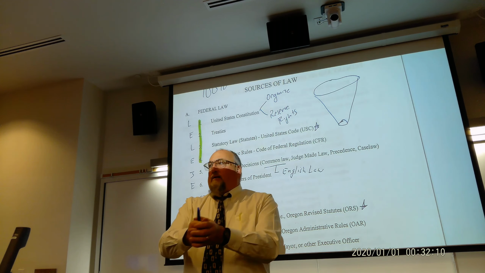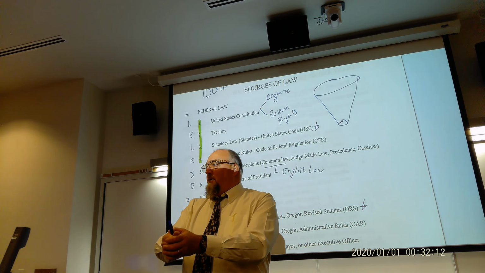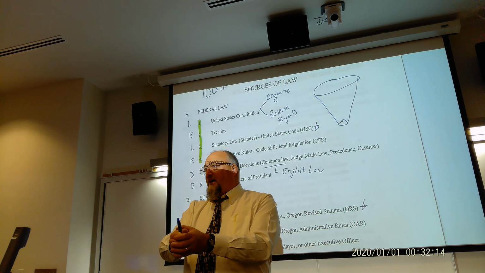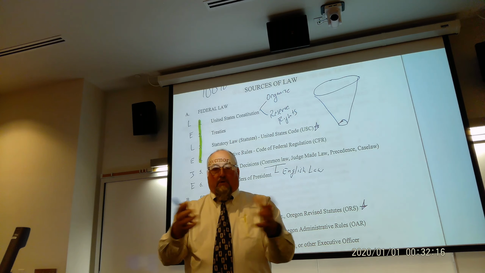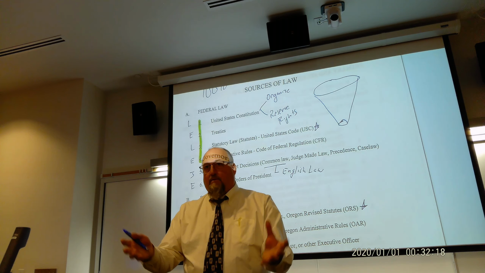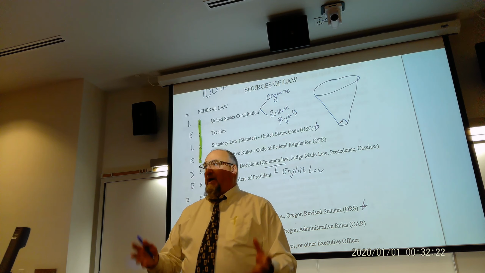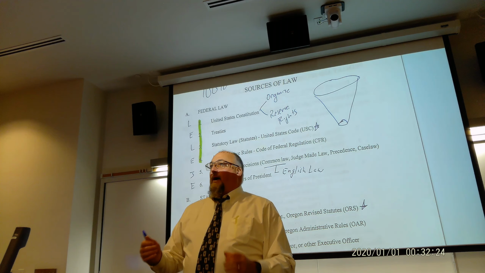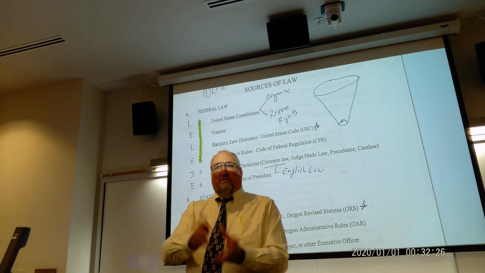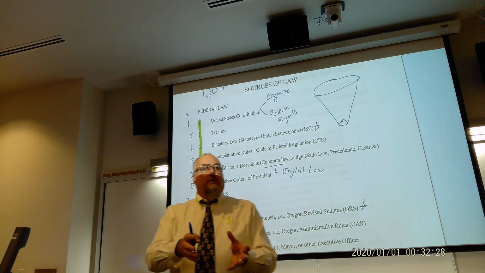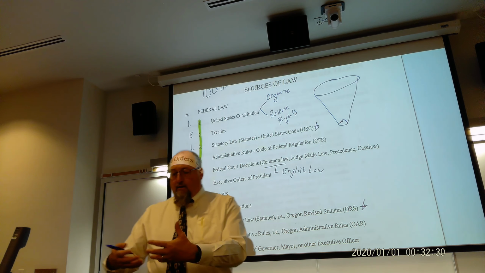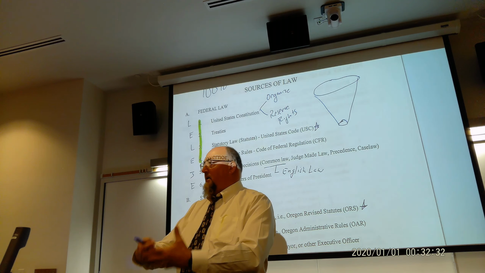So I have to apply law in court. If I look in the Constitution of the United States for the laws involving cattle, cows, bovines, there's nothing in the Constitution about cows. So I have to apply the law from somewhere. So what does a judge do? The judge would look at U.S. law.